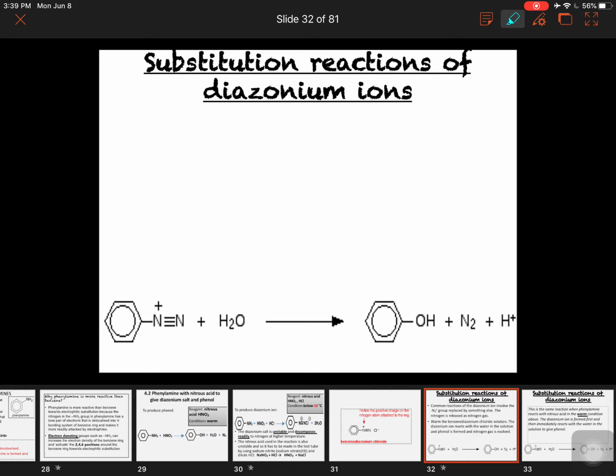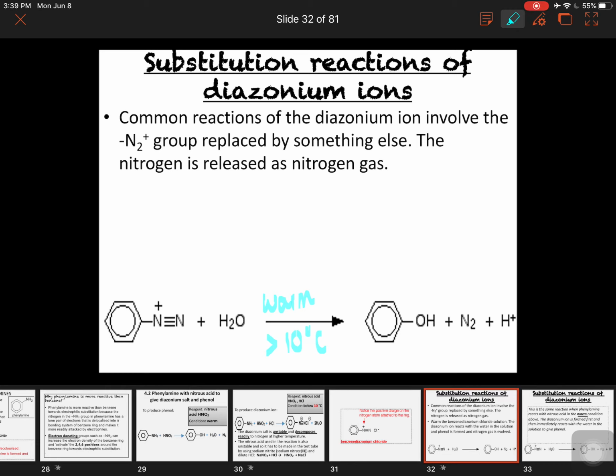When this benzene diazonium reacts with water under warm condition, anything above 10 degrees Celsius, that's when you see the decomposition of the benzene diazonium ion. Decomposition happens, and you will form a phenol. This is great if you're looking to produce a phenol.